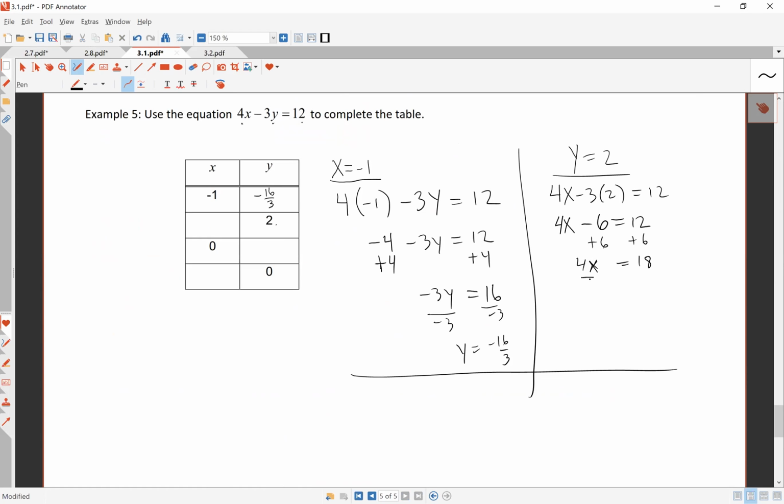And solving that, we have to divide by 4. 18 is not divisible by 4, so we write it as 9 over 2. All right, so that's certainly kind of frustrating or not ideal to get those fractions. And so we'll be developing methods so that we don't have to deal with those in this section.